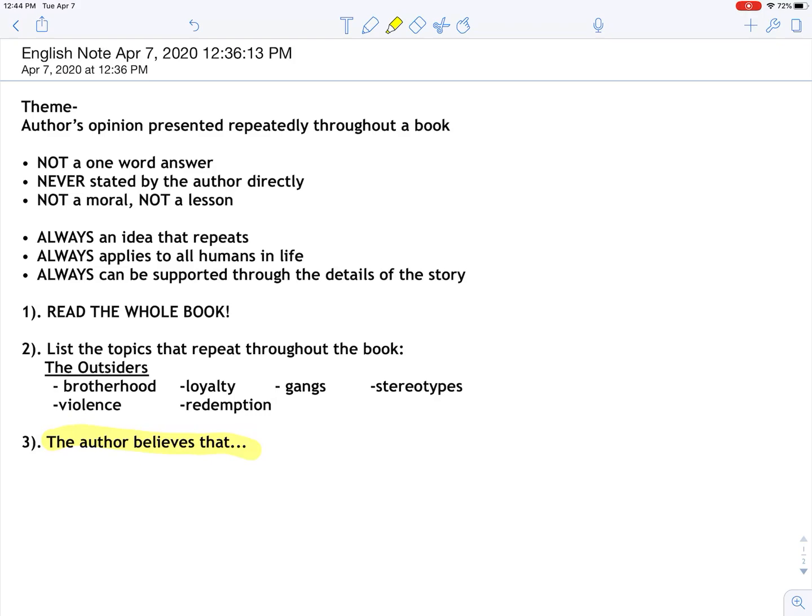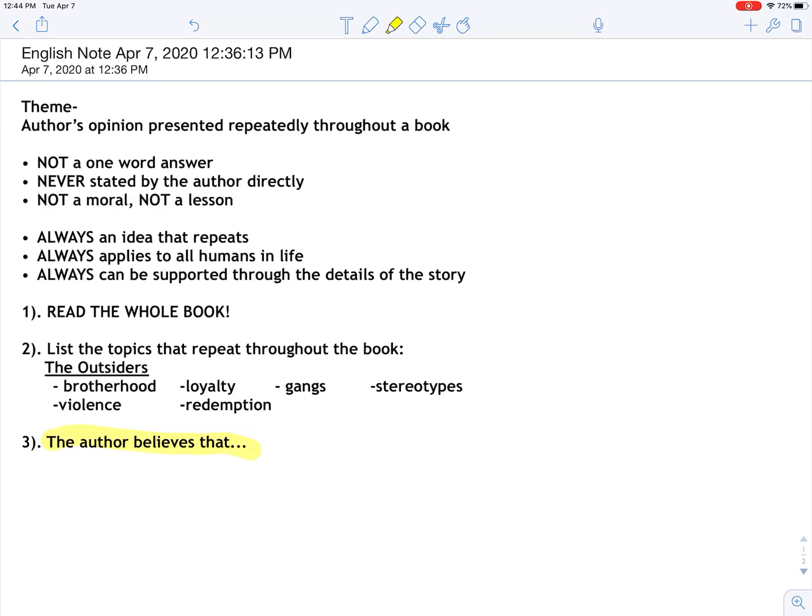Now, this sentence stem can be used for any book, any genre. It always works. You have to ask yourself how one of these topics turns into a sentence that begins with the author believes that. So what does the author believe about brotherhood? What does the author believe about loyalty or stereotypes or gangs or redemption or violence? If you can figure out how to word that into a sentence, now you're getting into theme territory.